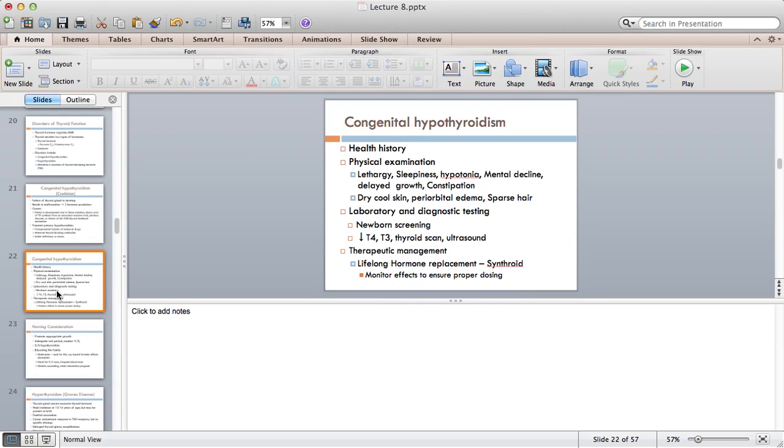So we do newborn screening, and that's part of the PKU screening in the lab, in the immediate newborn. Before they go home, they do that PKU, and part of it will be testing for hypothyroidism, sickle cell anemia, thalassemia, and all that. So you know that will be the initial screening.